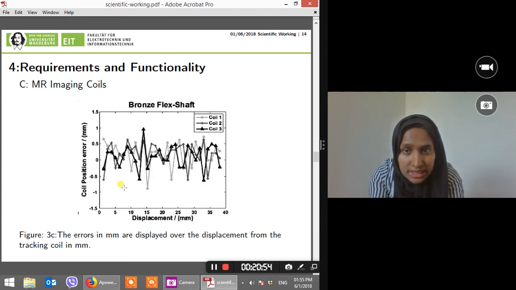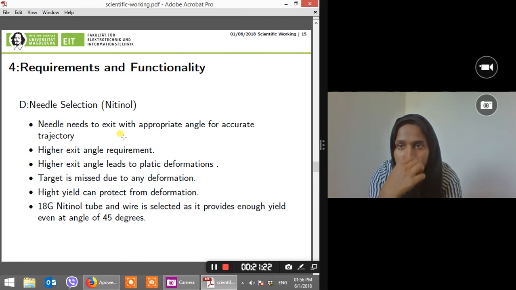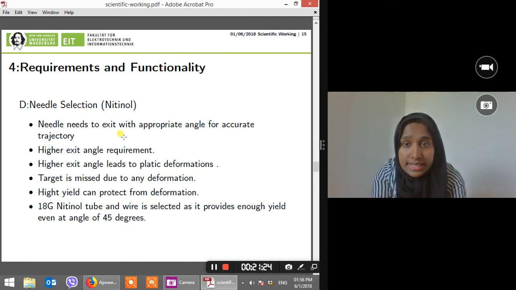And for the bronze flex shaft, this is the place where everything is not in the vicinity of metal, so their performance is quite up to the mark, and the maximum error is 1 millimeter. So we are using the bronze flex shaft. We also used the aluminium one and the brass one as well, and we prefer the bronze flex shafts.